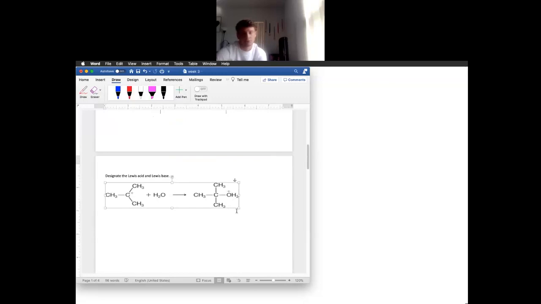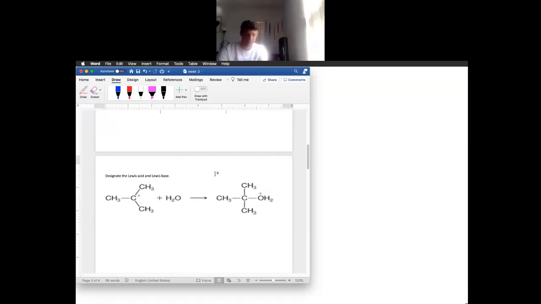And this is just asking, what is your acid and base? I've seen this in bonding, so it's just cardio, really. So what's our acid? Someone says the acid is the carbon, the positively charged carbon.